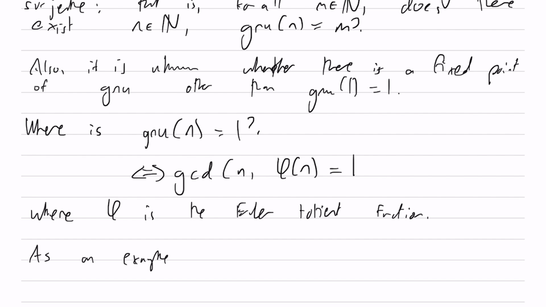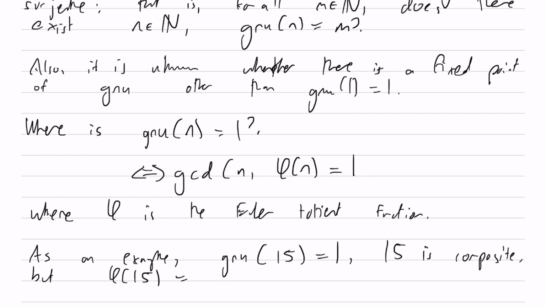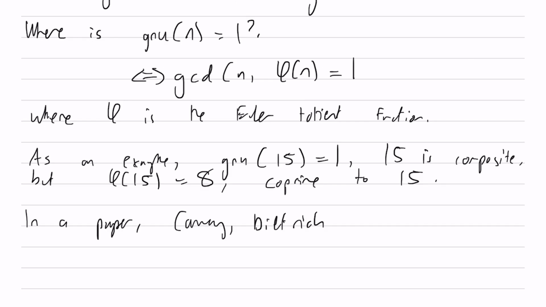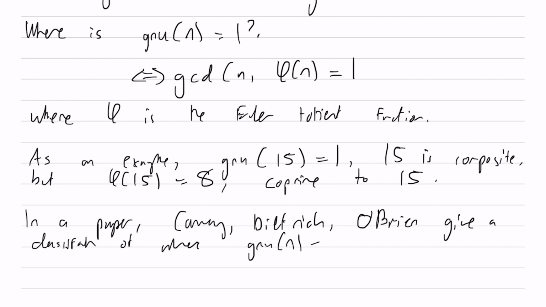As an example, GNU(15) is equal to 1 and 15 is composite, but the totient of 15 is equal to 8, which is certainly coprime to 15. In a paper, Conway, Dietrich, and O'Brien give a classification of where GNU(n) is equal to 2, 3, and 4. I'll link that paper in the description, as well as providing other results and conjectures on the group number function.